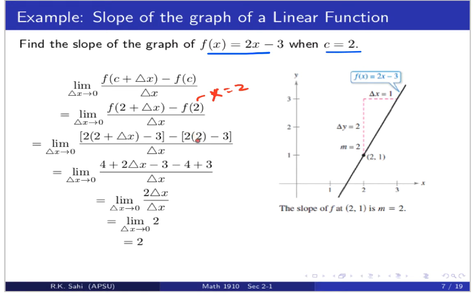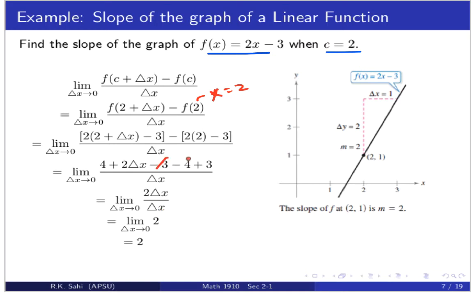So it's 2 times 2 minus 3. Now, simple computation: take the 2 inside, it's 4 plus 2 delta x minus 3, and then take the negative inside, it is negative 4 plus 3. When you cancel out the same terms with negative signs, you are left with 2 delta x over delta x.